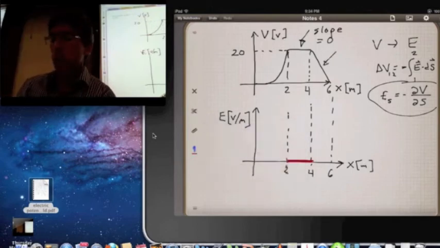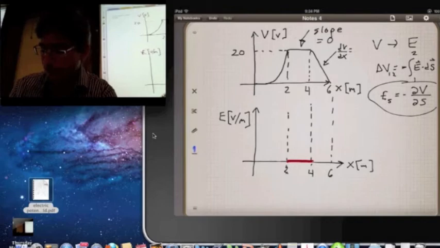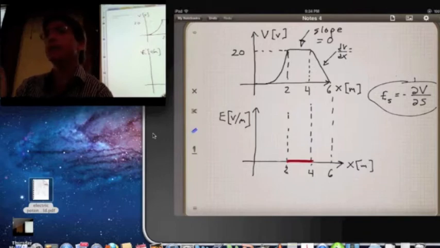So the slope, dV dx, is going to be what number? dV dx here, the slope, is equal to what? 20 is the rise, the run is 2, so 20 divided by 2, that's 10. But minus 10, right?